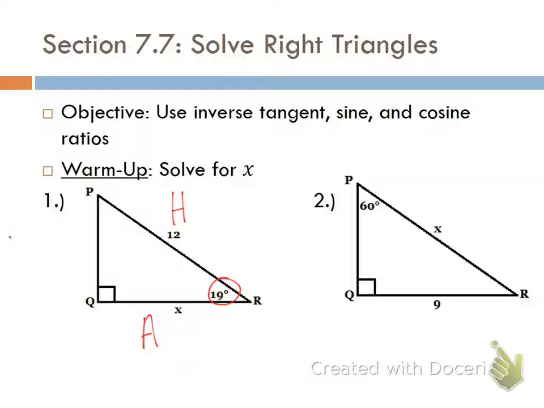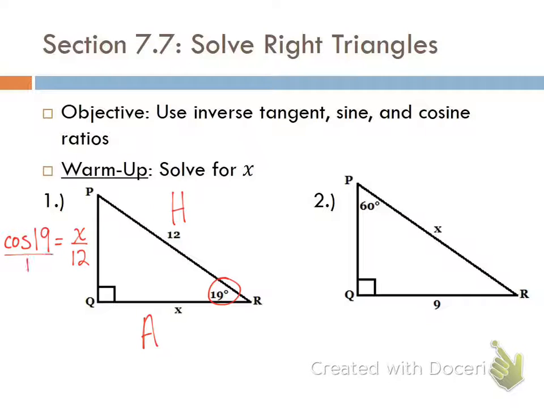Cosine. The cosine next to your trig function should always go an angle. So what angle are we using? What angle measure did they give us? 19. Cosine of 19 is equal to adjacent side over hypotenuse.